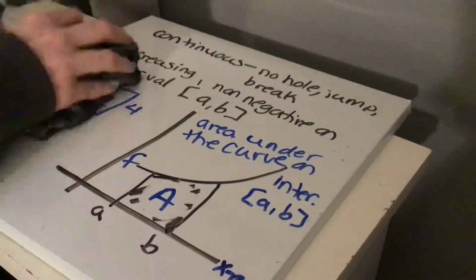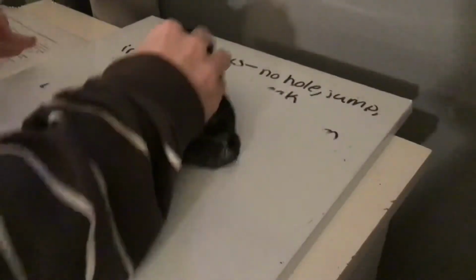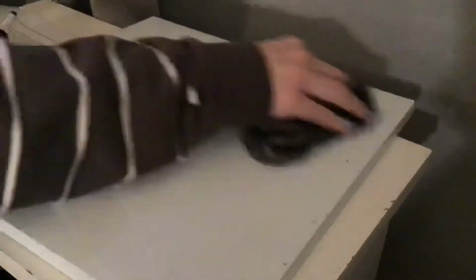So, how are we going to do that, right? We start by finding an approximate. So, an estimate, right? Maybe not exactly yet, but an estimate, an approximation, okay? By drawing rectangles and then adding the area of the rectangles together, okay?